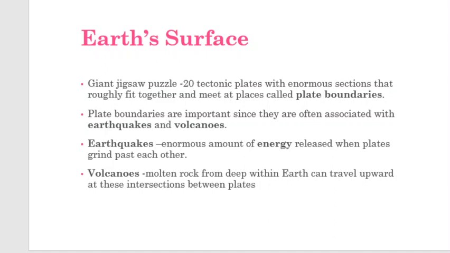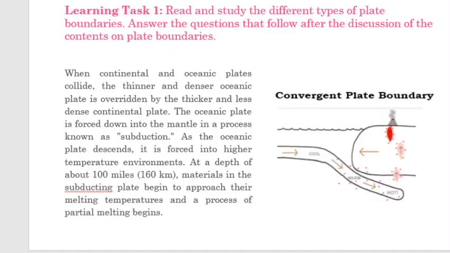We know that earthquakes are an enormous amount of energy released when plates grind past each other. For volcanoes, we also know that molten rock from deep within Earth can travel upward at these intersections between plates.